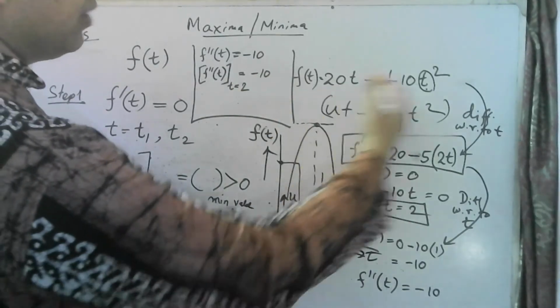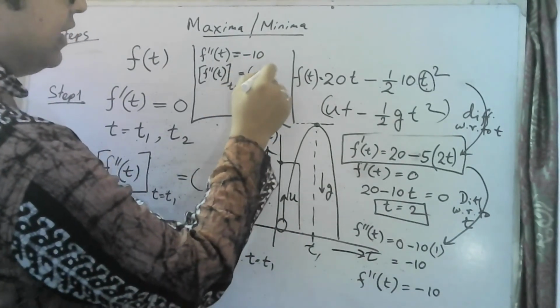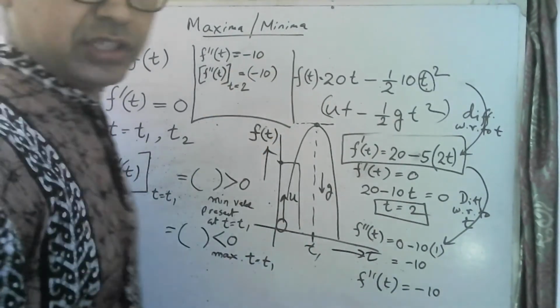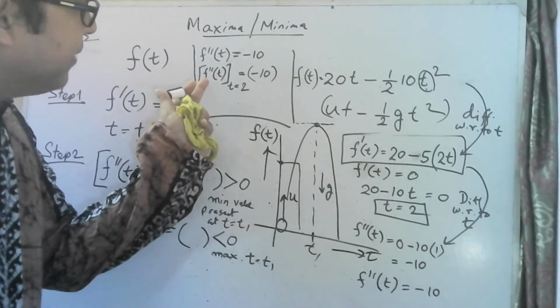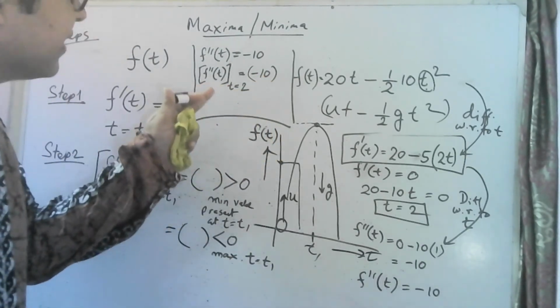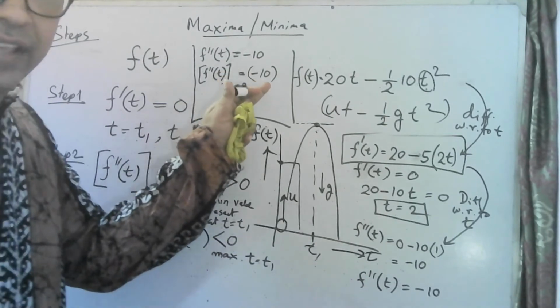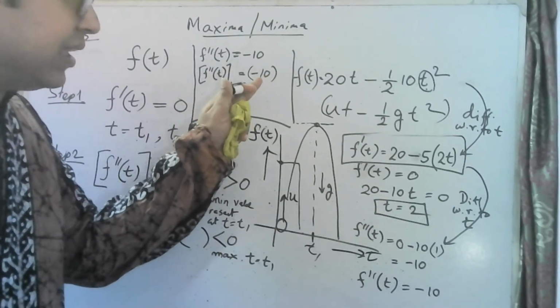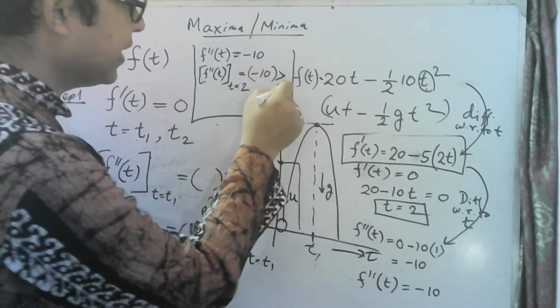So I have taken one example where the second differentiation is constant, but in a real situation you may not get that. You may get that the f double dash t function is also dependent on t. In that case, if you put t is equal to 2, this may come out to be either positive or negative.